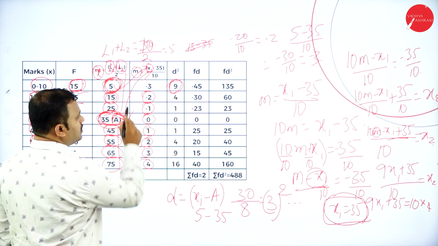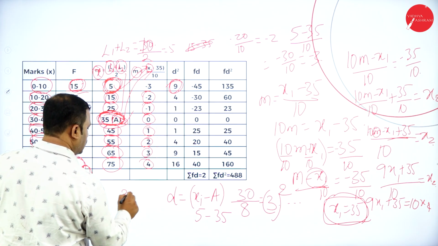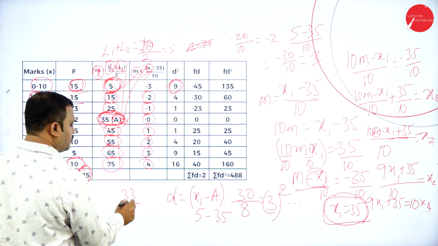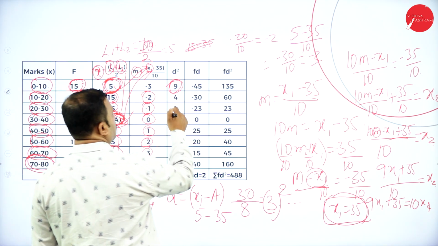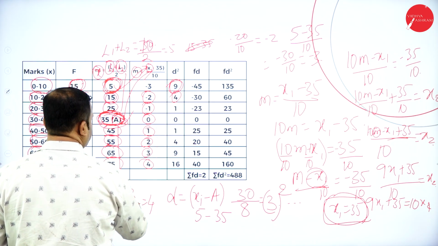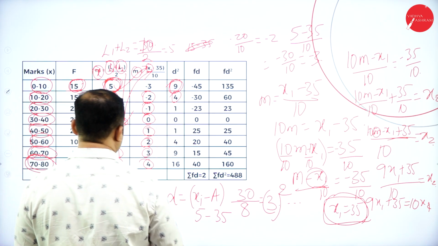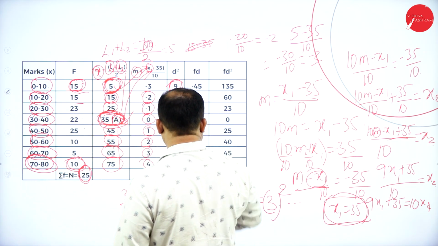Similarly, 2 minus 35, you will get 33. 33 by 8, which is equal to 8 4s are 32. 4 4s are 16. That is the value of D.